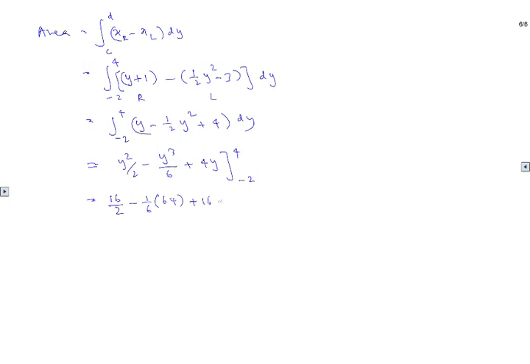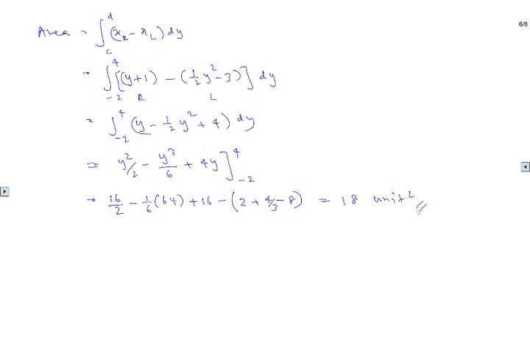That's the first one. Then subtract, you're gonna get 2 plus 4/3 minus 8, and if you simplify, you end up getting 18 units squared.